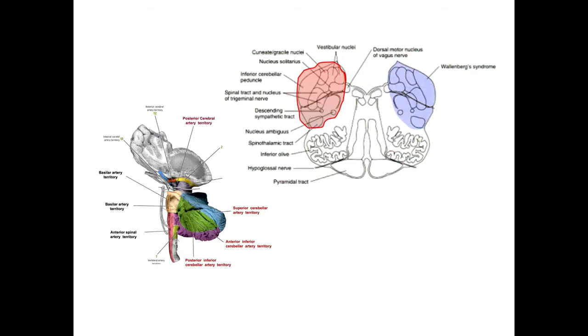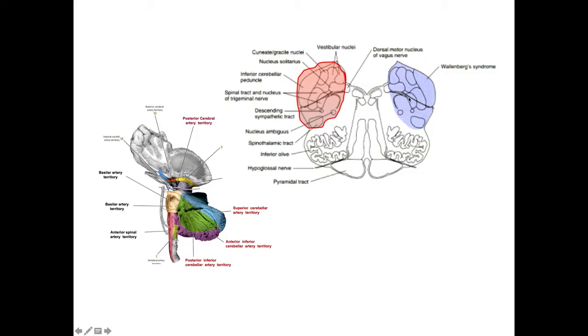And then there's a hoarseness that starts to arise from damaging some of these cranial nerve areas that are important for controlling the throat. The dorsal motor nucleus of the vagus nerve, which we'll learn about later, is in this region here and gets damaged. So that's one area that gets disrupted here.